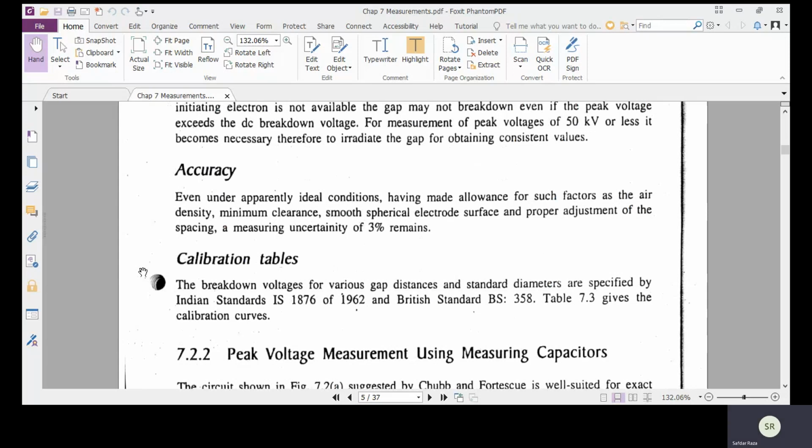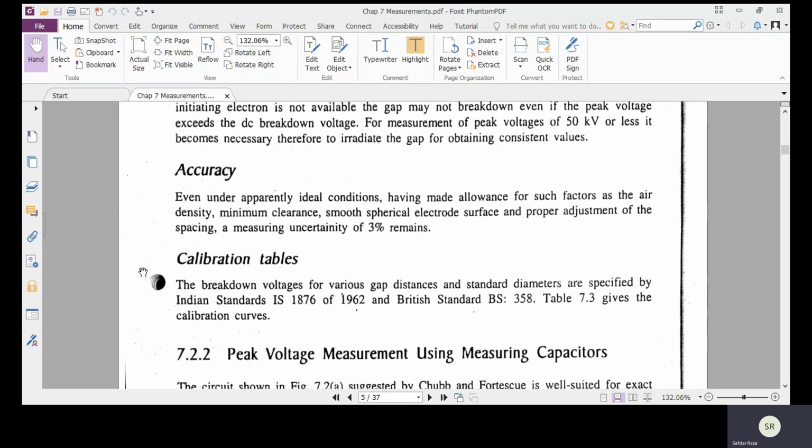So for today, we have discussed the sphere gap for voltage measurement, wherein we have discussed the construction and the basic working of the horizontal arrangement and the vertical arrangement.